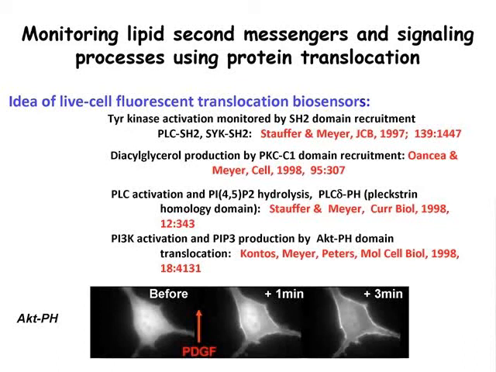This domain is now often used in studies of cell migration and chemotaxis and other types of projects. So what I wanted to emphasize here is that relatively simple tools can be generated based on existing protein domains and proteins in cells that tell us a lot about what and where in cells signals are generated.